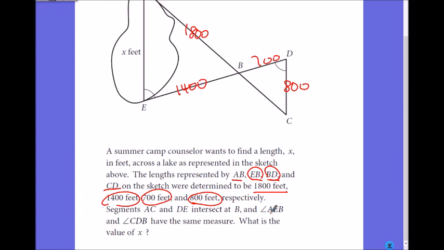And they said angle AEB, which they put these marks already, are equal, congruent, have the same measure.